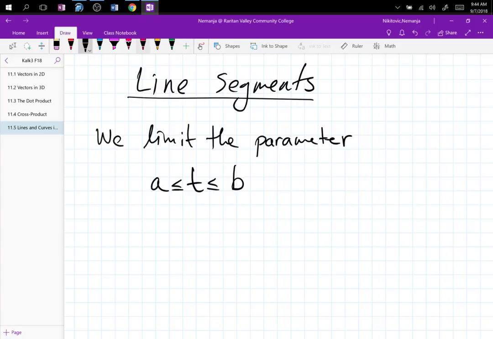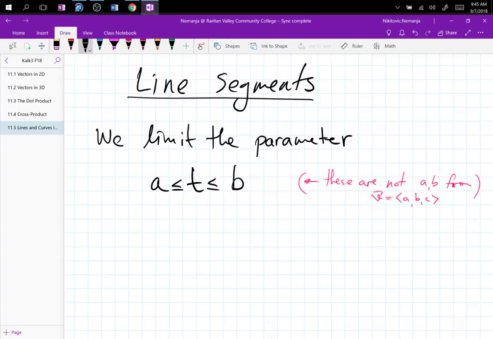So let me put that in parentheses over here: these are not a, b from v equals a, b, c, just to make sure that you don't confuse those. So to get a line segment, we are going to limit the parameter t.